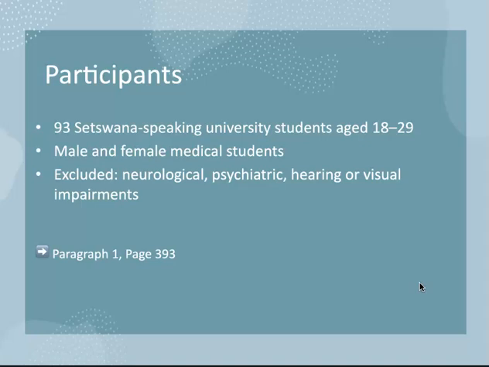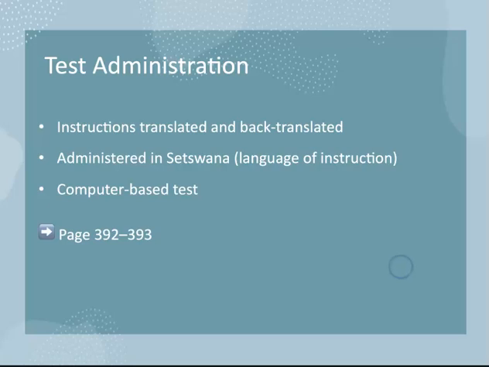They were between ages 18 and 29, and none of them had neurological or psychiatric problems. Why is this important? Well, because this test is a neuropsychological test, the control group must be neurologically healthy. Okay, so this makes sure that the results are not affected by brain-related disorders.